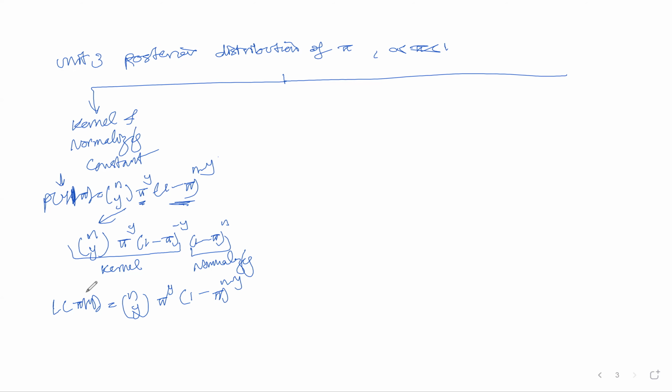Now we know y, but we don't know pi. So now n choose y doesn't depend on pi, so this one is part of the normalizing constant. This one depends on pi, and this one depends on pi. So this one is the kernel, and this one is the normalizing constant.